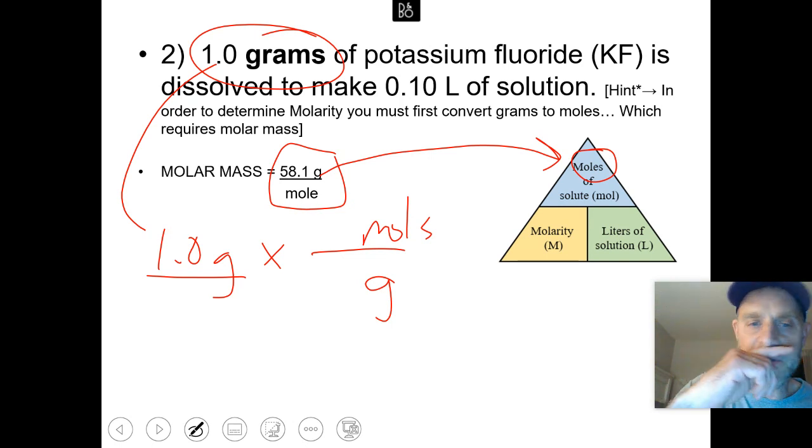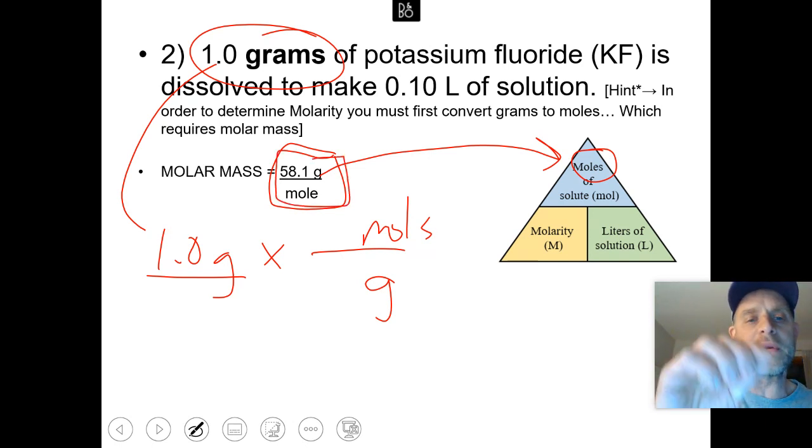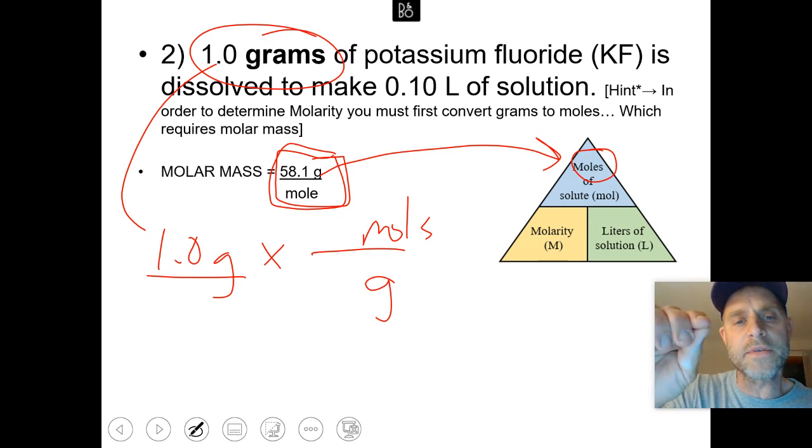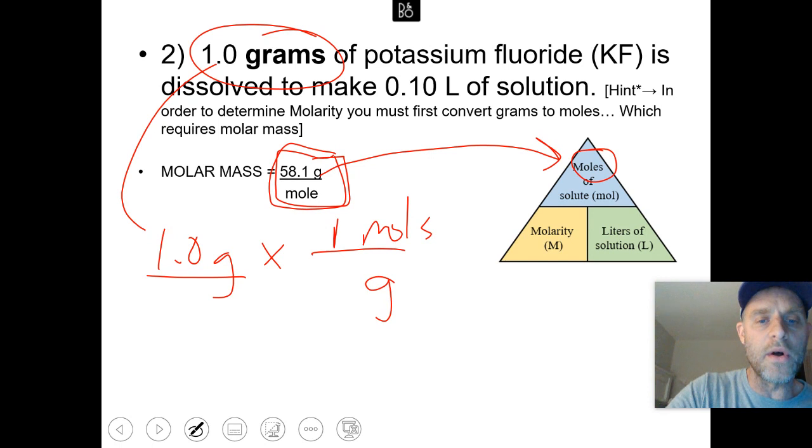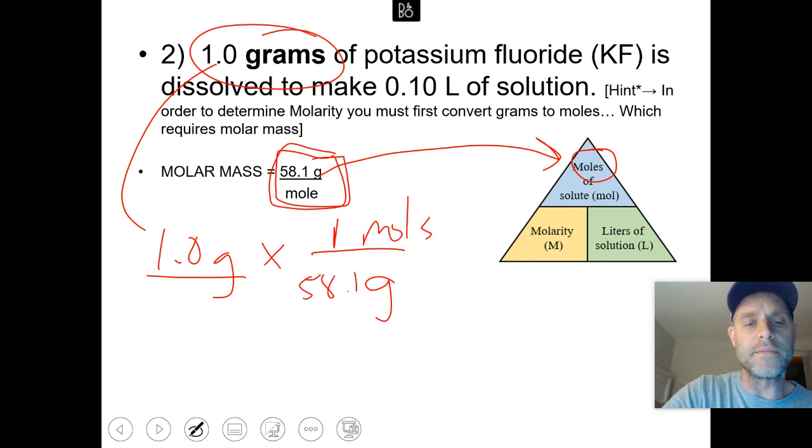So this is a conversion factor. Sorry, I want to make sure I use the right words here. This is a conversion factor. When it says 58.1 grams per mole, that means 58.1 grams is equal to 1 mole. So I can go 1 mole is equal to 58.1.